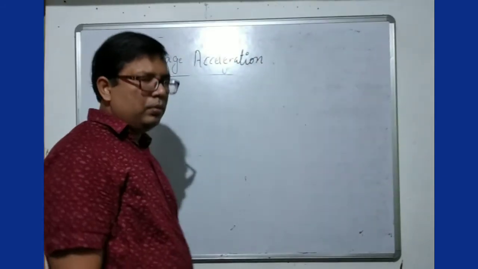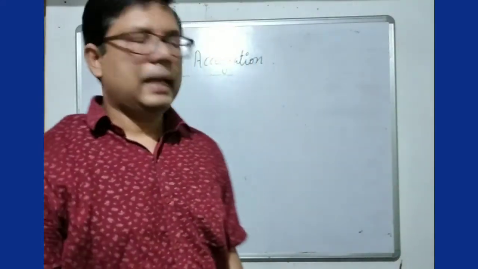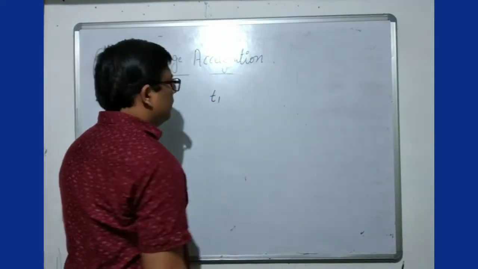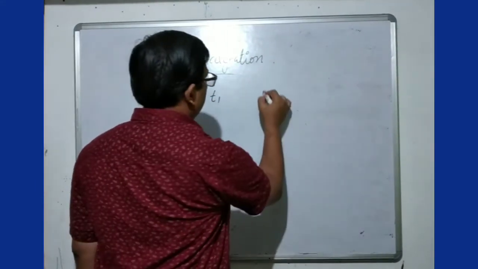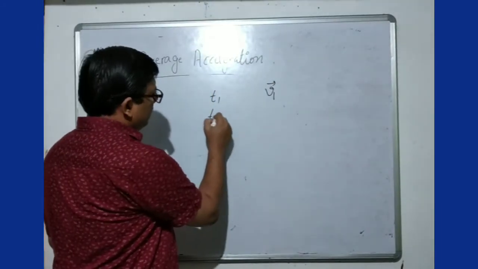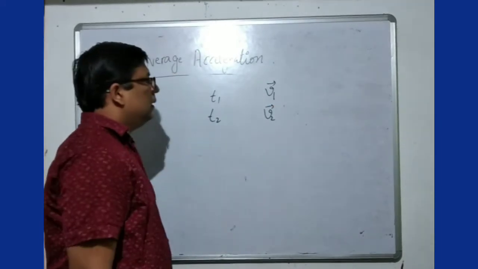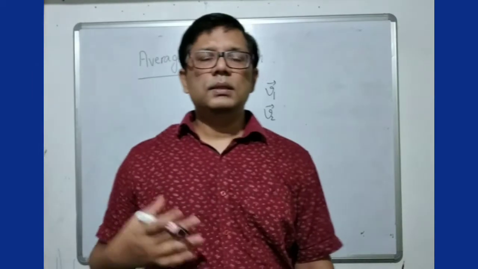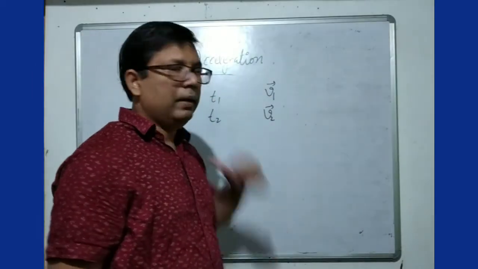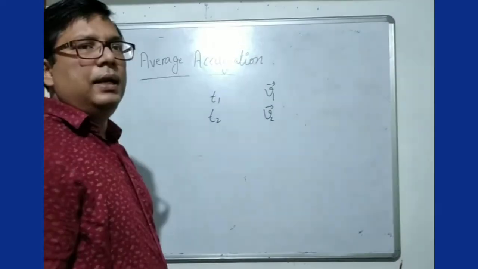So we have come to know that the velocity of an object also can change with time. So let us consider that at time t1, the velocity of an object is v1, and at time t2, the velocity of the object is v2. Then what is the physical quantity that captures this change in velocity? That will be captured by the average acceleration.